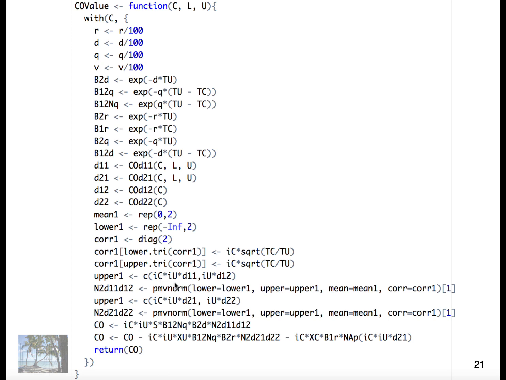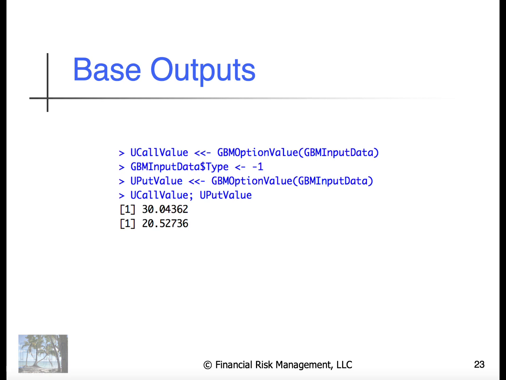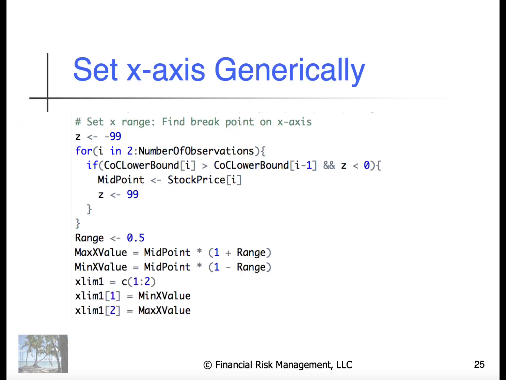With these results, I can input this into a bivariate standard normal CDF and get these 2 terms, and then I can easily compute the compound option value. And so with some sample inputs, we can provide some sample outputs, and you can examine this at your leisure to make sure you understand how it works.